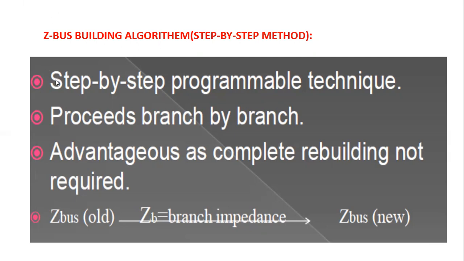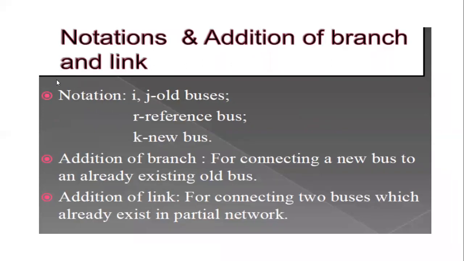We have four types of modifications for the formation of the Zbus building algorithm. Before going to the types, first we need to know some notations and the addition of the link and the branch.